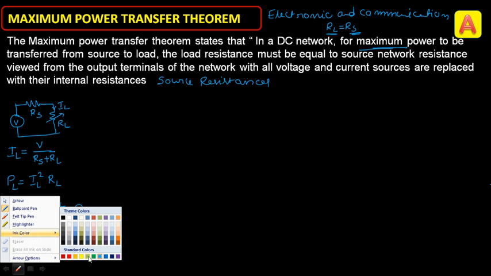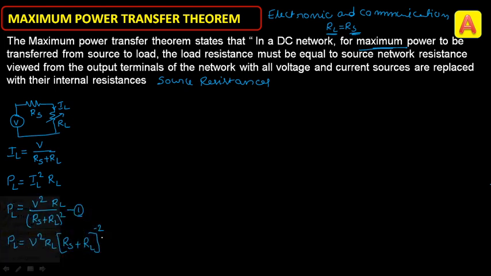Now, to obtain the maximum power taken by the load, take the derivative of the power demanded by the load and equate it to 0.